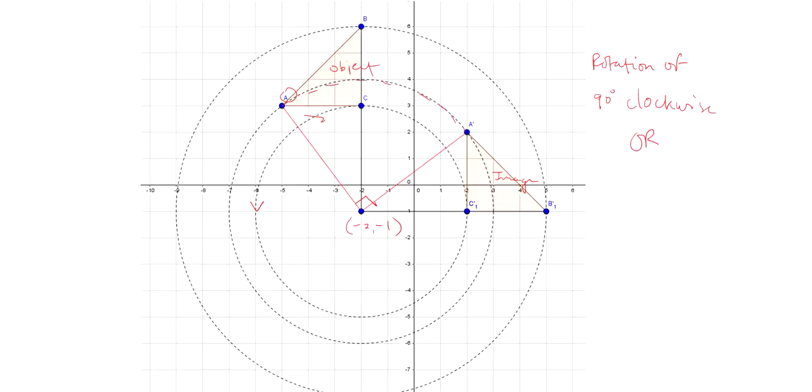So this angle here, right, is actually 270 degrees, right? Because this angle here is 90 degrees. So we can say the rotation is 90 degrees clockwise, or 270 degrees anti-clockwise, right?